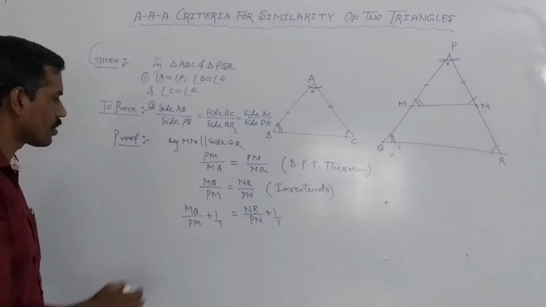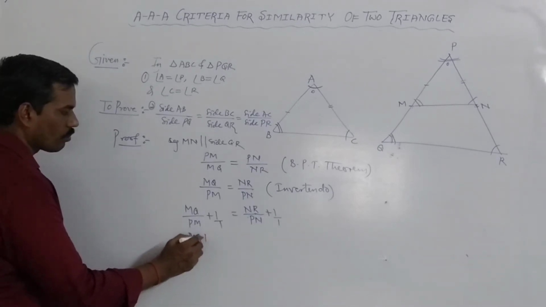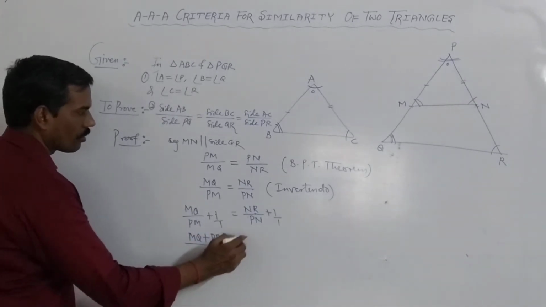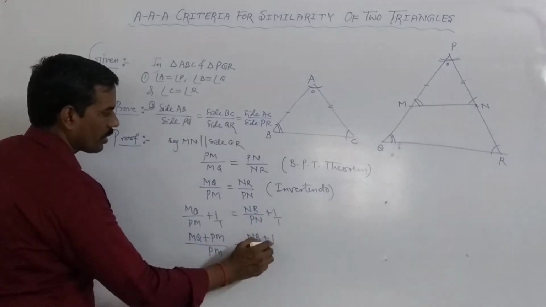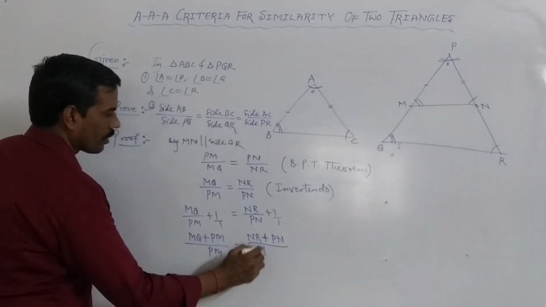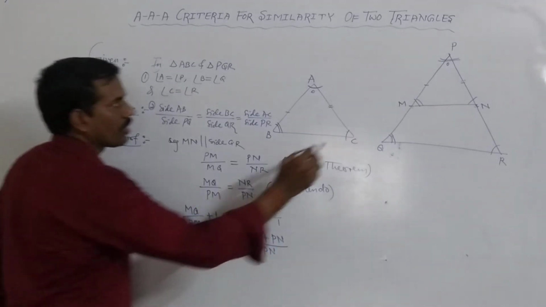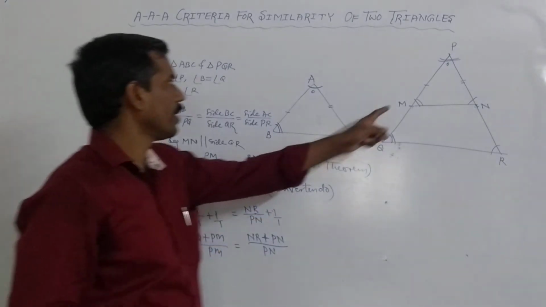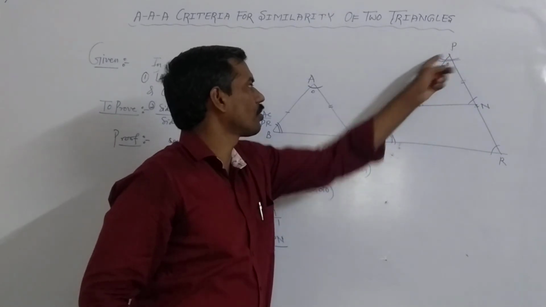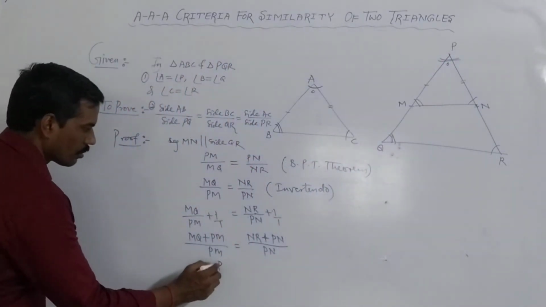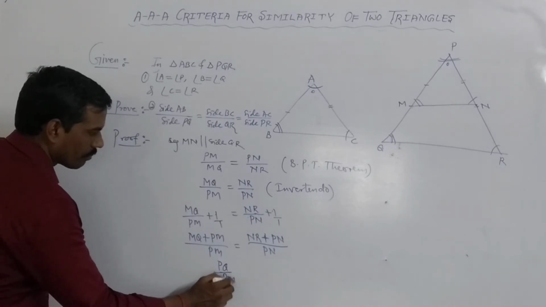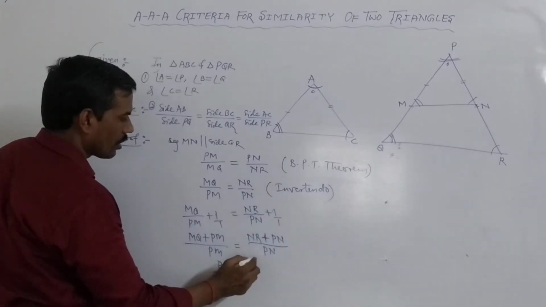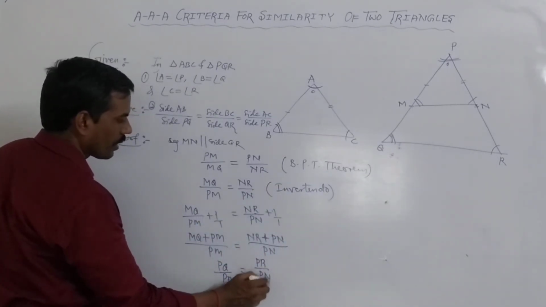Taking cross multiplication, we get MQ plus PM upon PM is equal to NR plus PN upon PN. MQ plus PM is equal to PQ, which gives us PQ upon PM, and NR plus PN gives us PR upon PN.